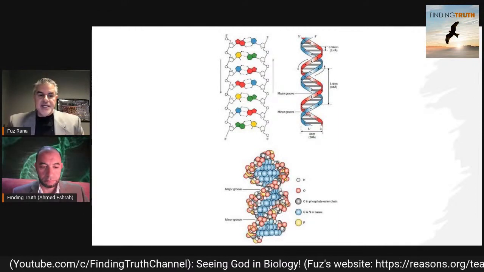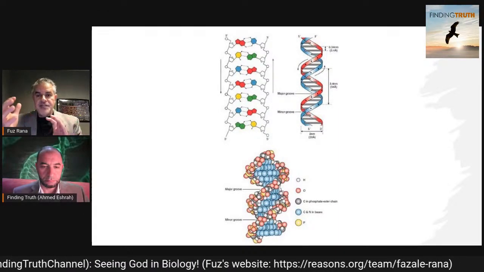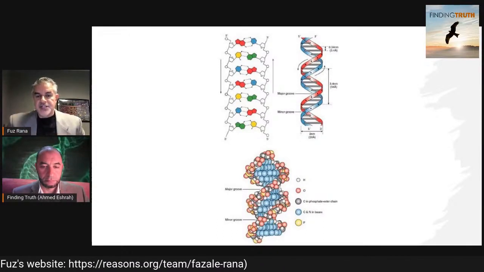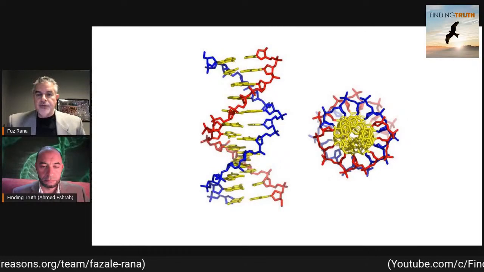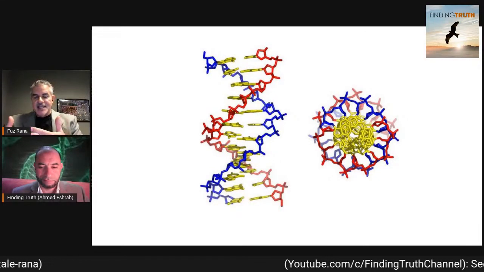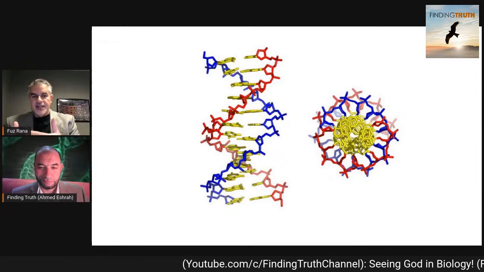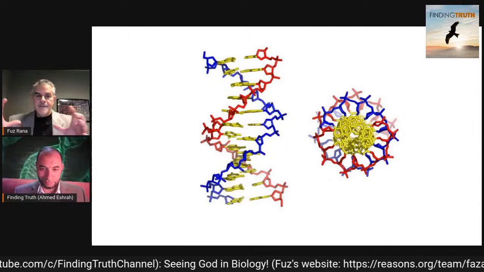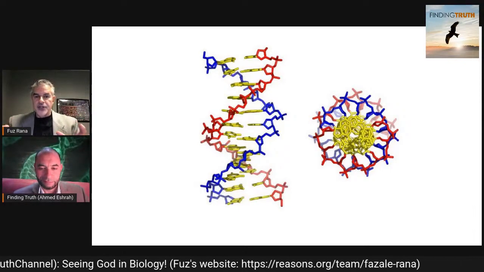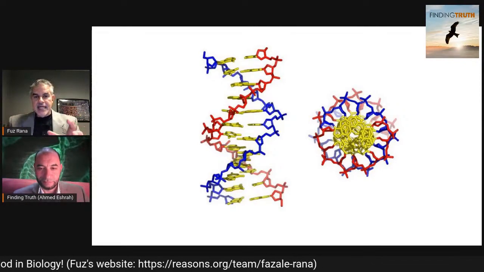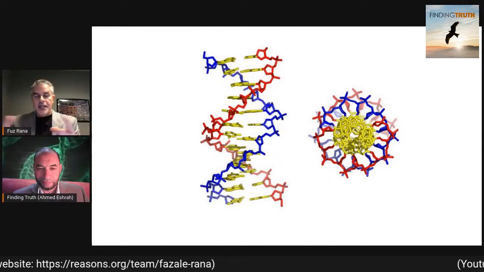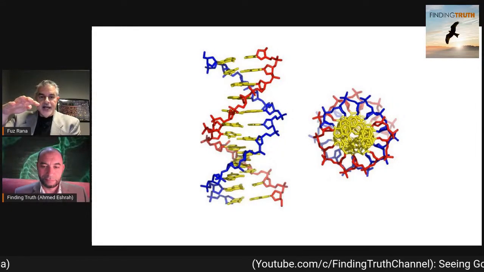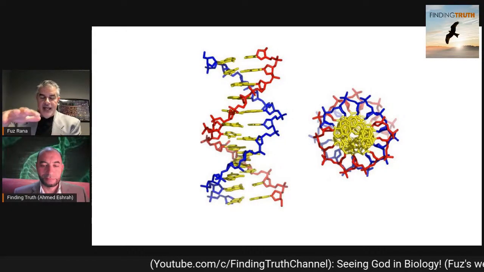But if we view DNA in a different orientation, as we look down the axis instead of along the axis, we begin to see something rather peculiar. In the interior of the DNA double helix, there are the nucleobases that are stacked on top of each other. Those nucleobases are planar molecules, and they have aromatic bonding, which means they have electron densities above and below the ring for each nucleobase.